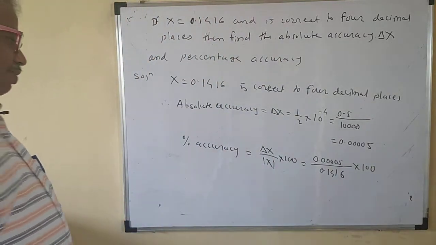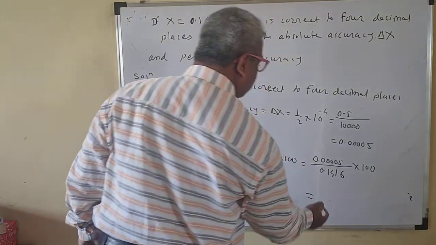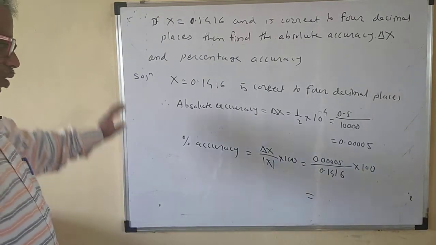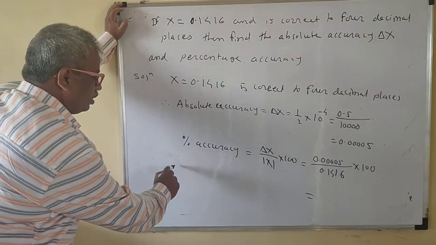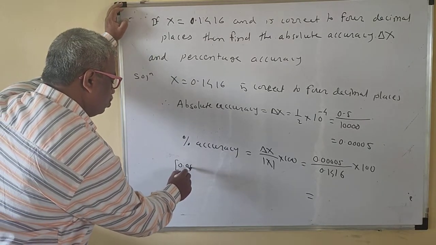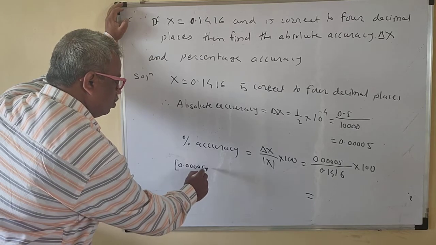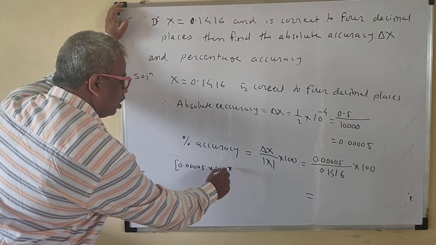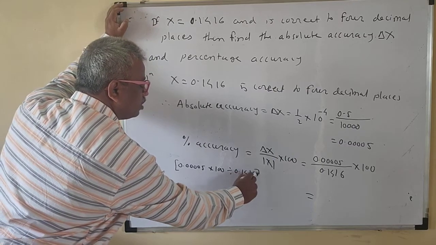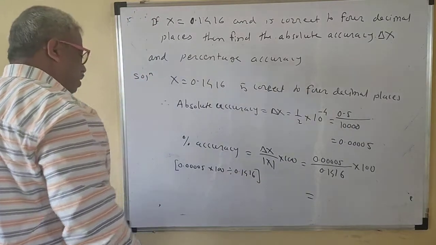Okay. So whatever this answer, do take a calculator. The scientific calculator is allowed. Just type like this: 0.0005 into 100 divided by 0.1416. Okay, just type.